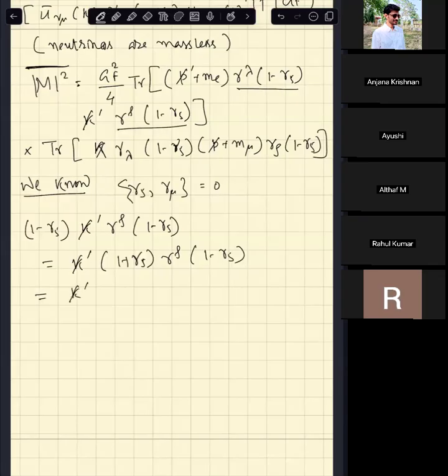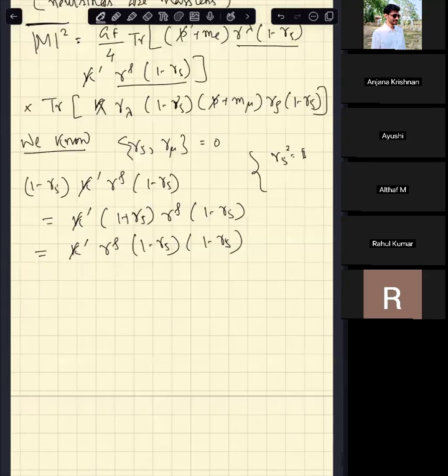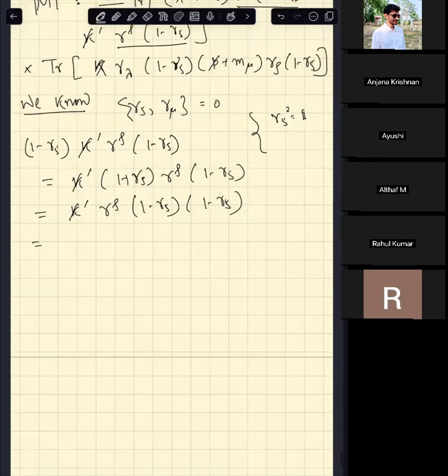So eventually it will be gamma rho, 1 minus gamma 5, 1 minus gamma 5. Now we also know that gamma 5 square is identity. So this can be reduced to this particular form, gamma rho 1 minus gamma 5. Okay, up to this part, any question?